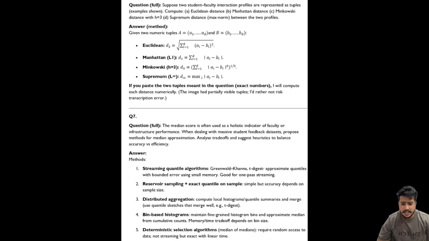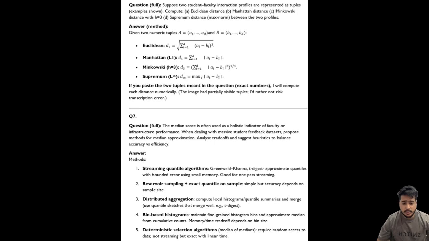Here are the methods: streaming quantile algorithms, Greenwald-Khanna, t-digest, approximate quantiles with bounded error using small memory, good for one-pass streaming. The second one, reservoir sampling plus exact quantile on the sample, that is simple but accuracy depends on the sample size.